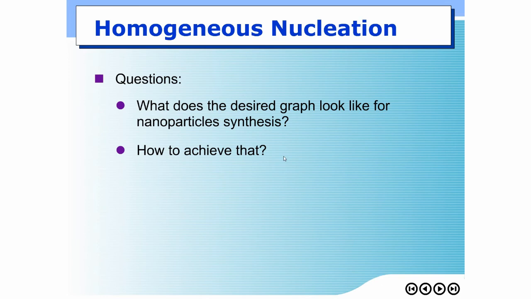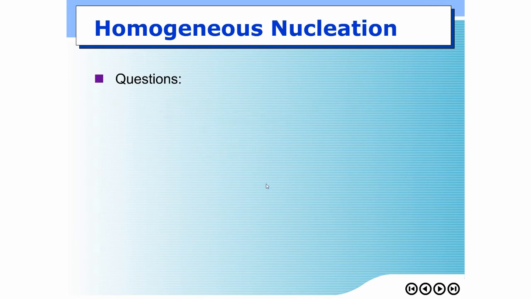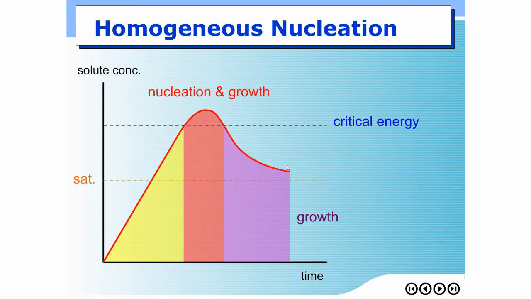So we want the nucleation to occur almost at the same time. If I go back to this picture, we do not want this period to be long, because the longer this period, that means I have nuclei formed at different periods of time.